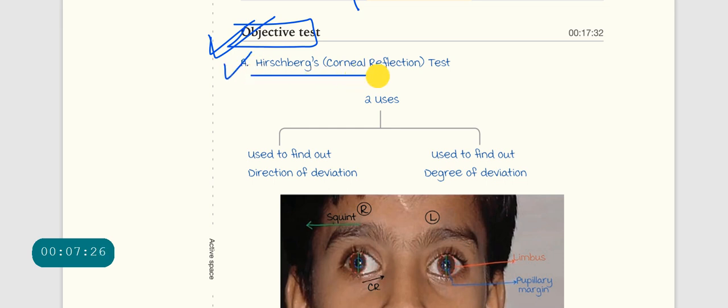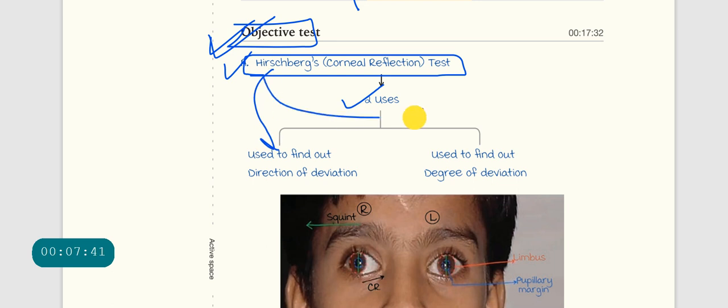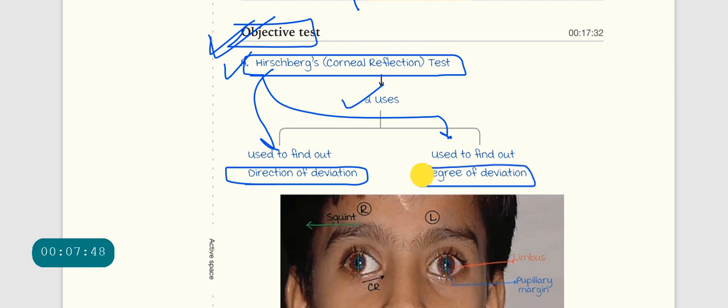Now in this Hirschberg corneal reflex test, we use two things. These two things are used to find out the distance of deviation and the degree of the deviation. These are the two things which we are going to find out by the Hirschberg's test.